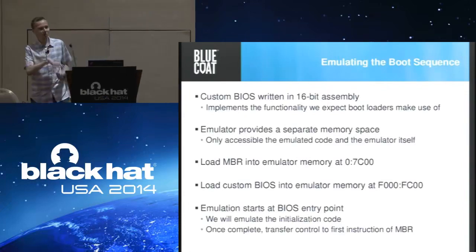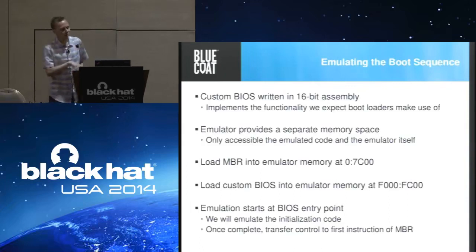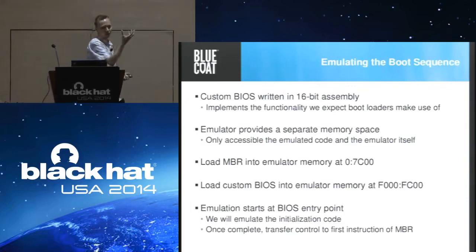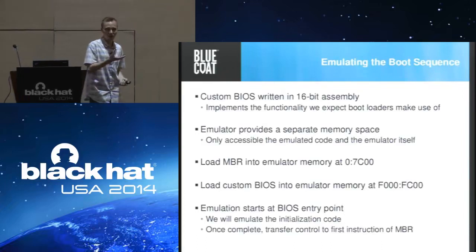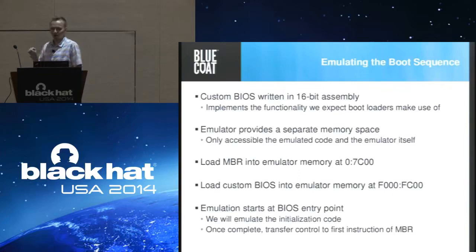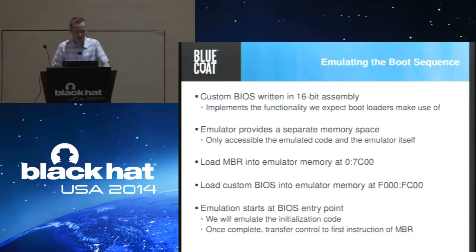And then we load our custom BIOS into the very high ranges of emulator memory, which is where the BIOS usually resides. And then we start emulation at the BIOS entry point.